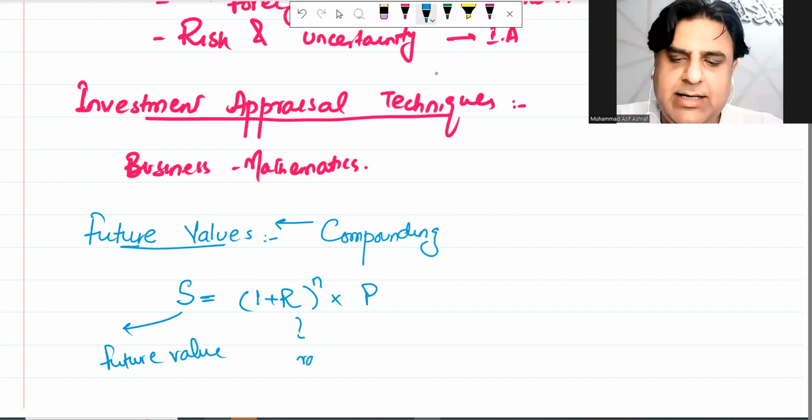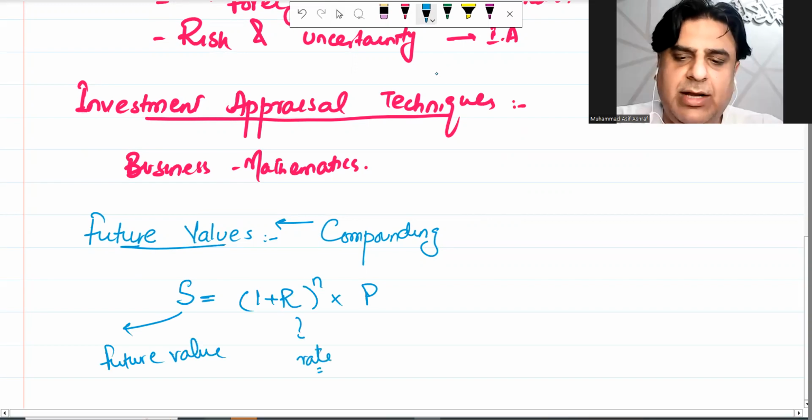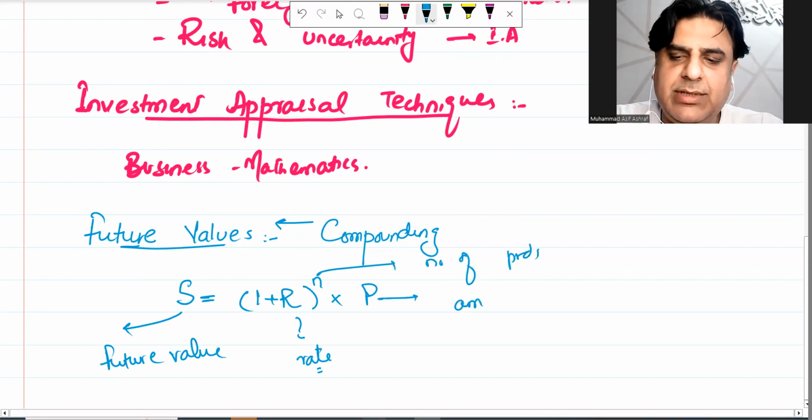S is the future value. R is the rate at which you are expecting that value will increase. N is the number of periods. And P is the amount now.